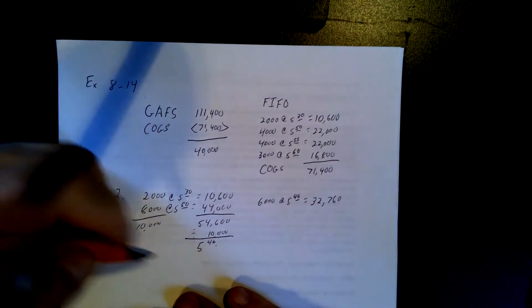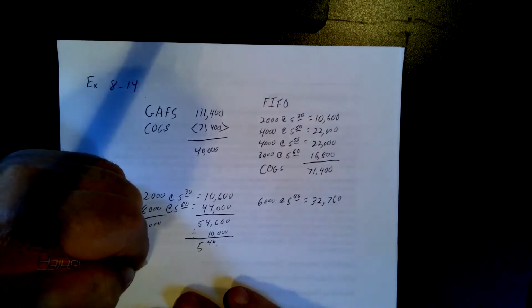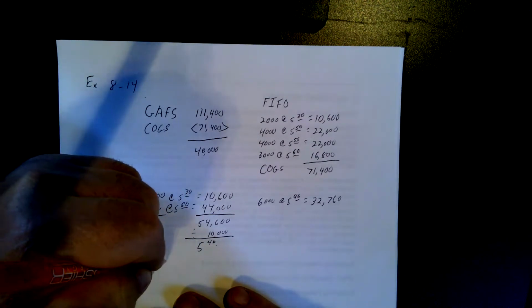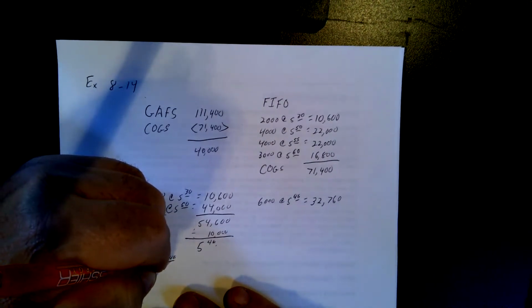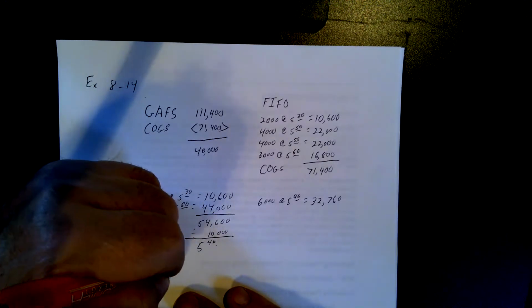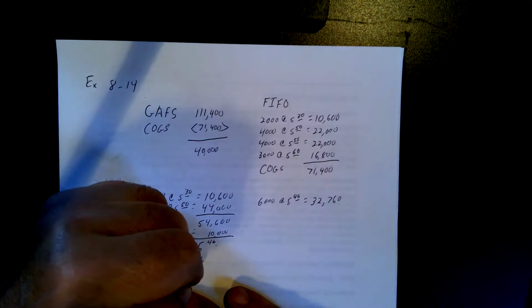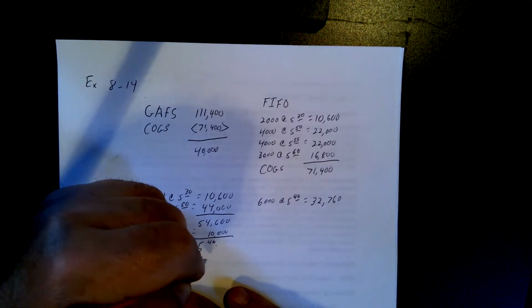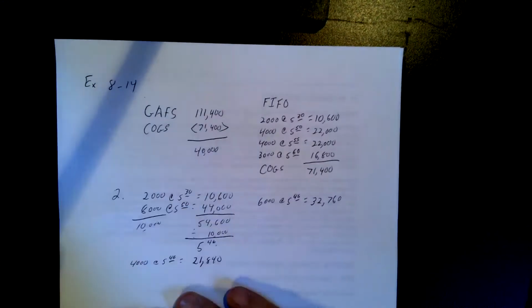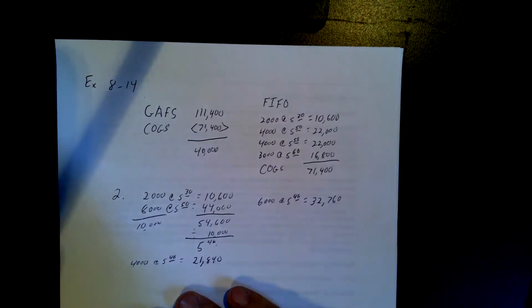Okay, now we also need to do the inventory. We sold 6, we had 10, that gives us 4,000 remaining in inventory at $5.46, and that's going to equal 21,840. Okay.